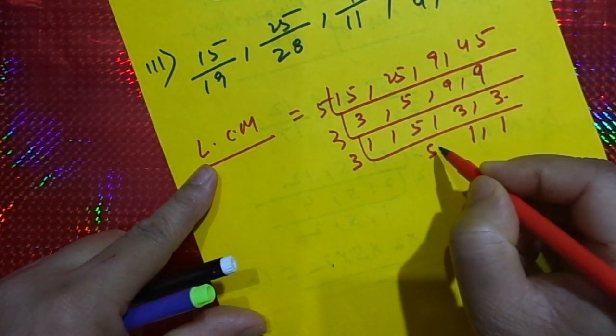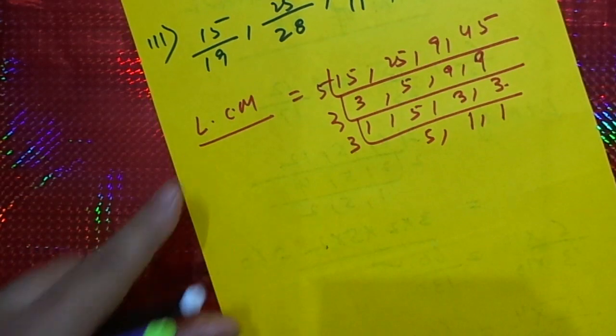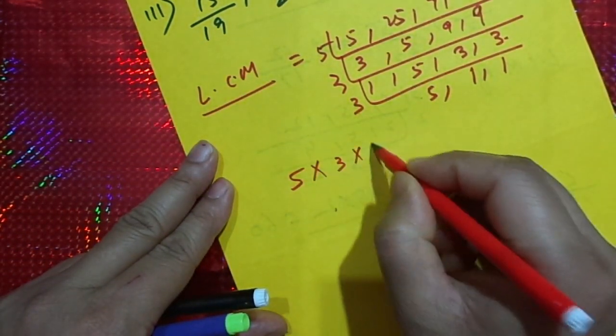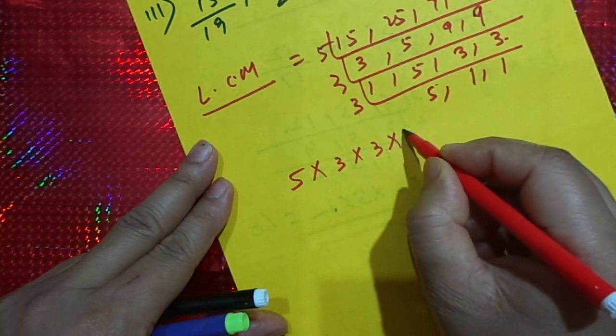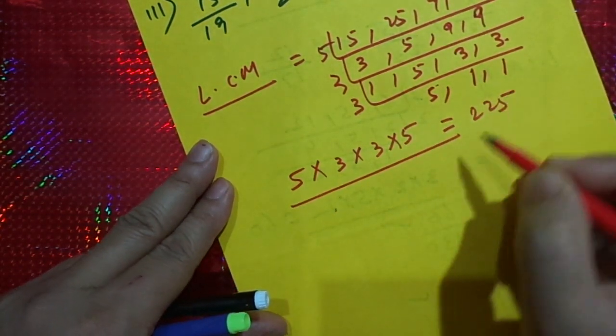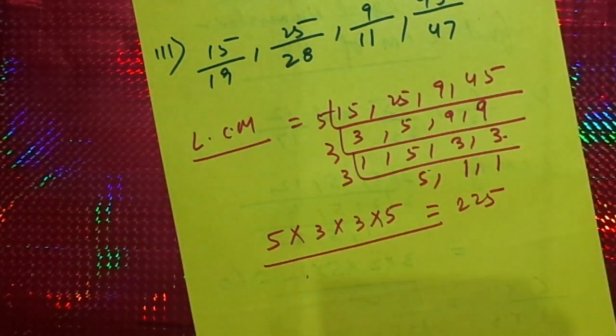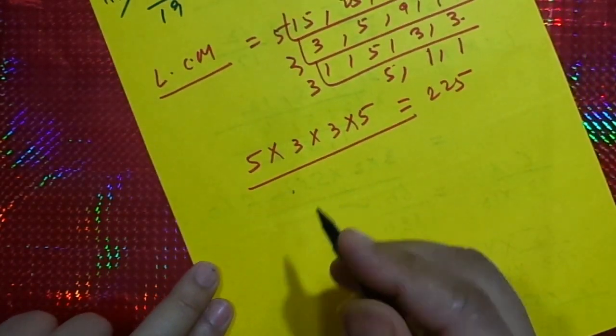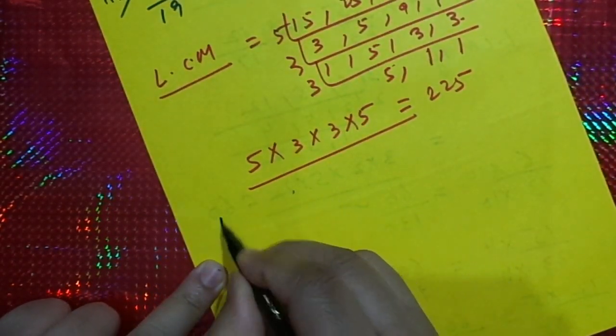Okay, 3 1 and 1. Yes, so I have the LCM as 5 into 3 into 3 into 5 is equal to 225. So each of the numerators will be equal to 225. How? And we are not going to divide, we are not going to make our task complicated.